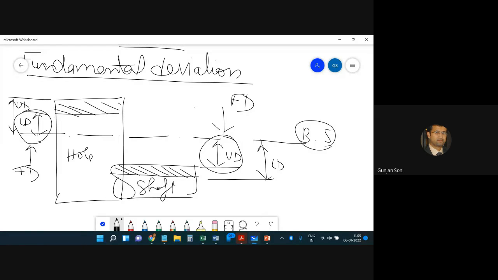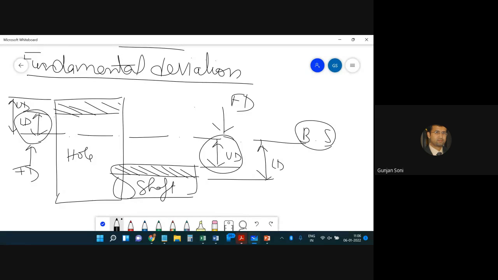Generally when we are designing an assembly, fundamental deviation is assigned or pre-decided. It is something standard which we are going to see in the coming lecture. So that's why we have to use fundamental deviation. You will see its importance in the coming lecture.